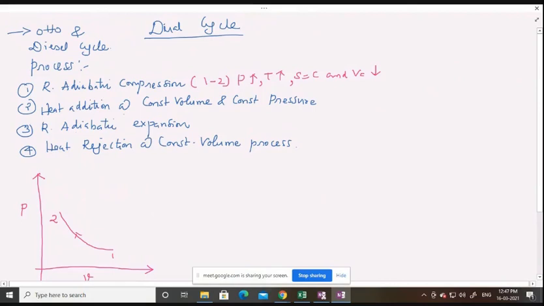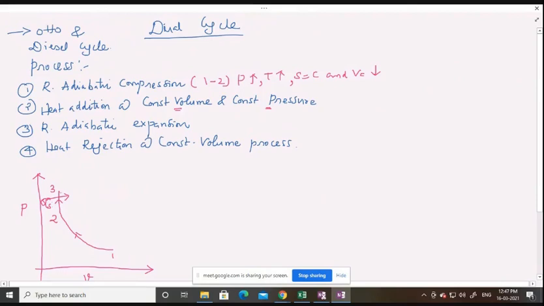Then heat addition takes place partially at constant volume and partially at constant pressure. So initially we plot the constant volume heat addition, between 2 and 3.